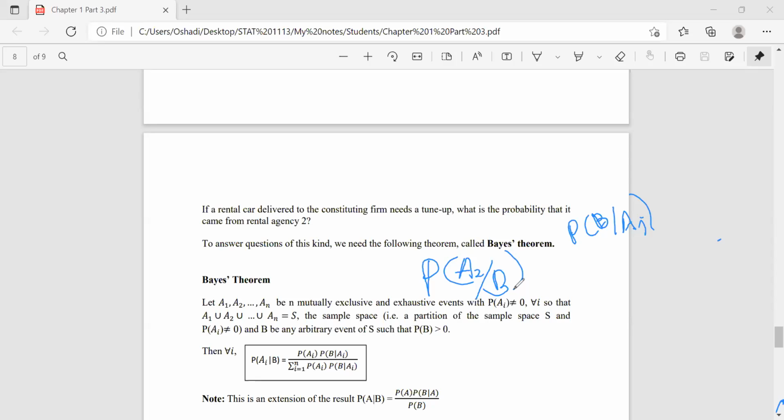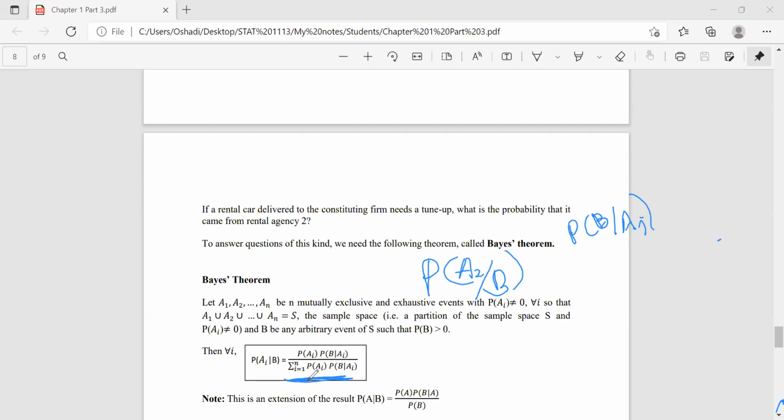So again, the same scenario: the sample space has been partitioned into N events, mutually exclusive and exhaustive, and there is any arbitrary event called B. Then P(Ai given B) equals P(Ai) into the conditional probability P(B given Ai), divided by P(B), right?